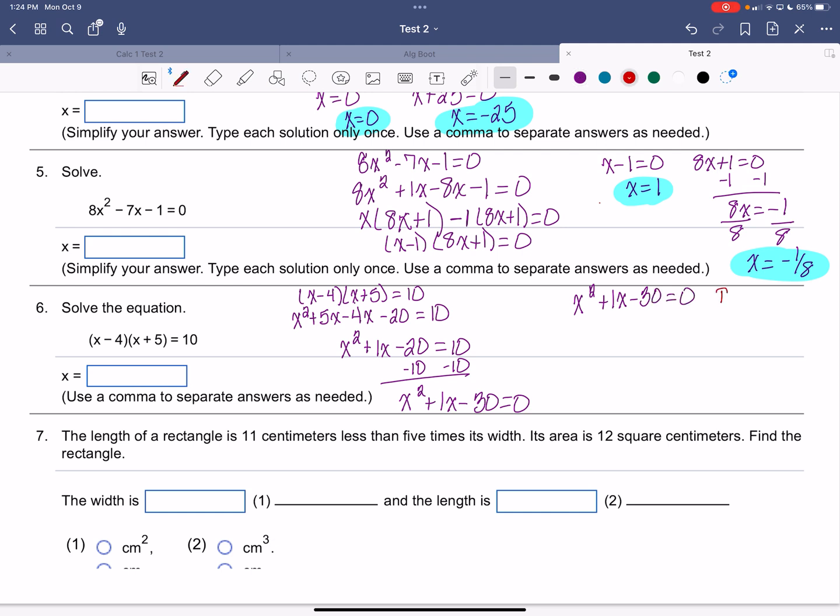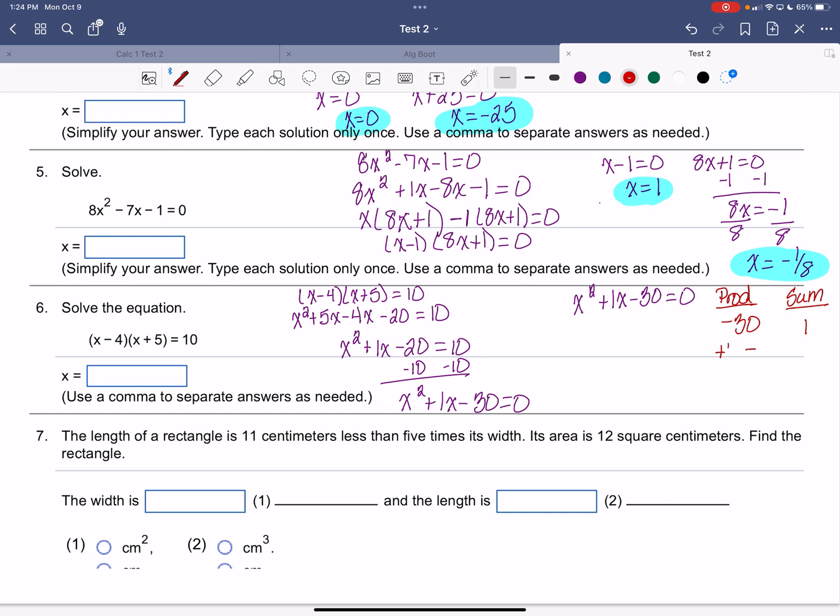My product is negative 30 and my sum is positive 1. Because of this negative product, I'm going to have one positive and one negative.